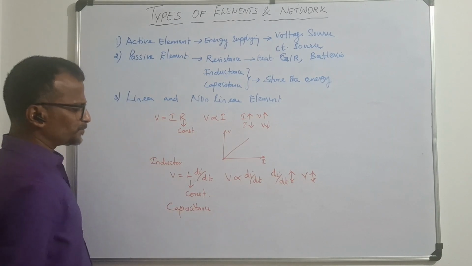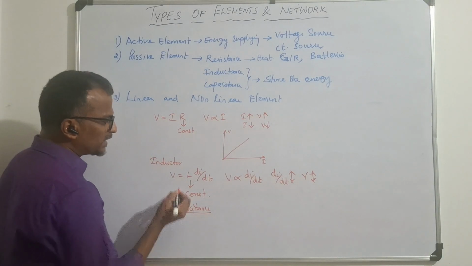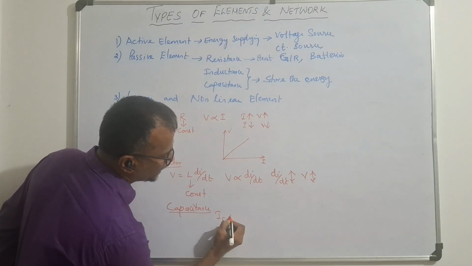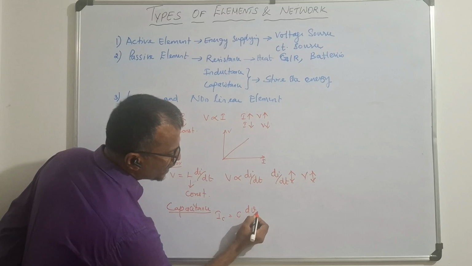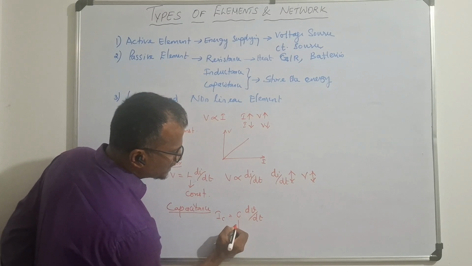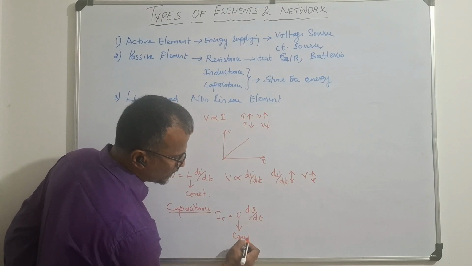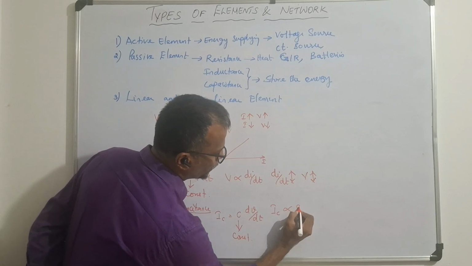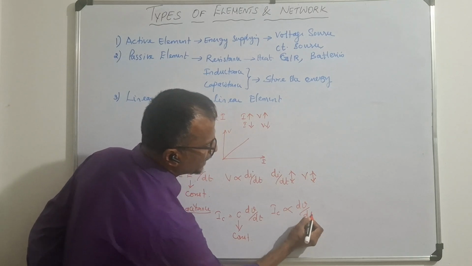The current flowing through a capacitance is C into dV by dt, right? So, if the capacitance value is constant, we can write IC is directly proportional to dV by dt.